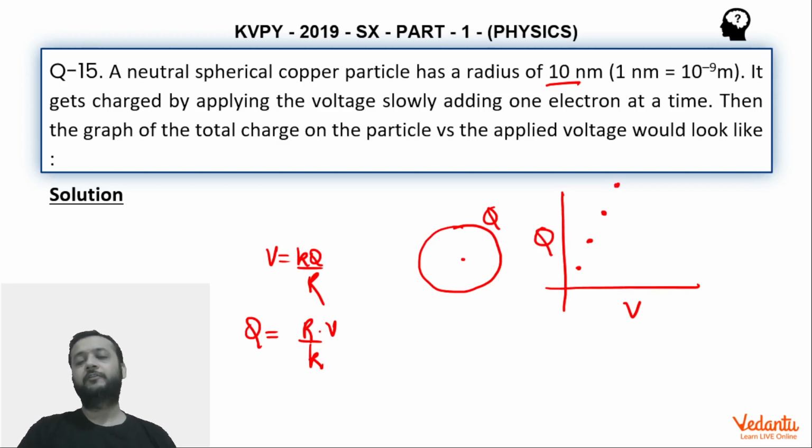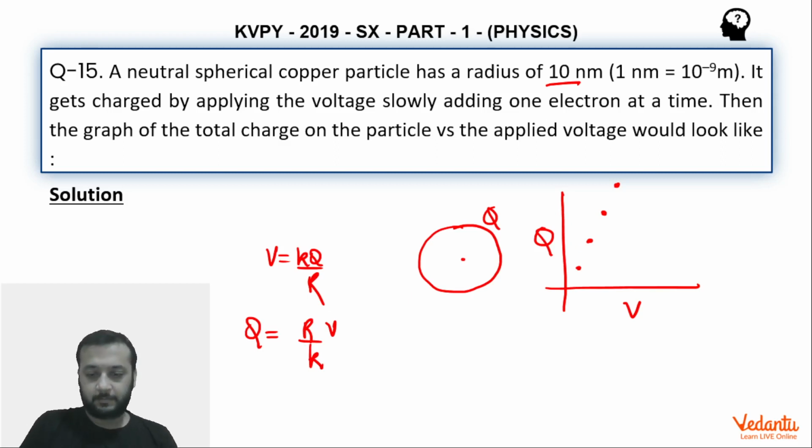Correspondingly, the value of potential can be found by putting 1, 2, 3, 4 electrons in this equation. So you multiply n electrons by k by r, and you will get some value over here. k is 9 into 10 power 9, and r is very small, so r by k is a very small value.